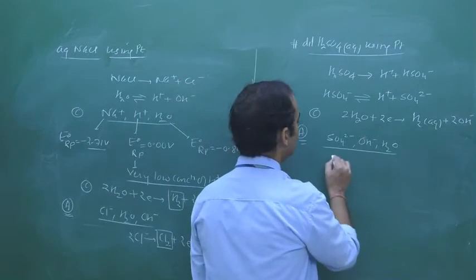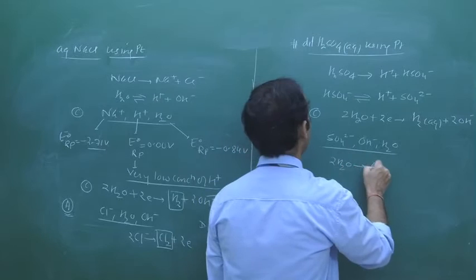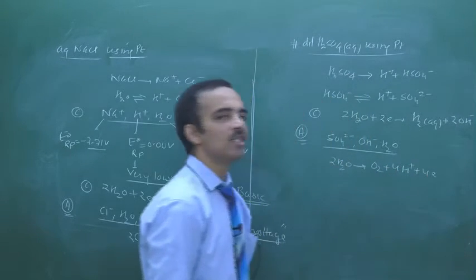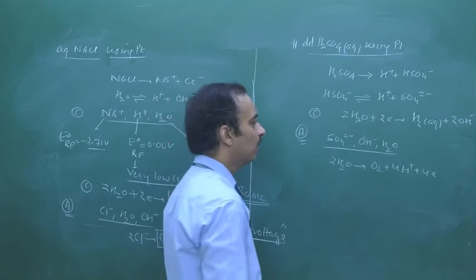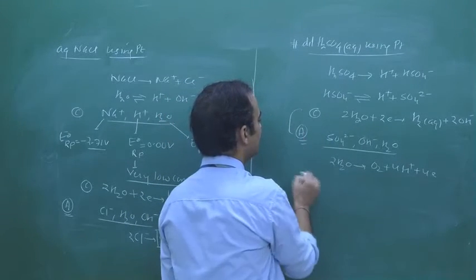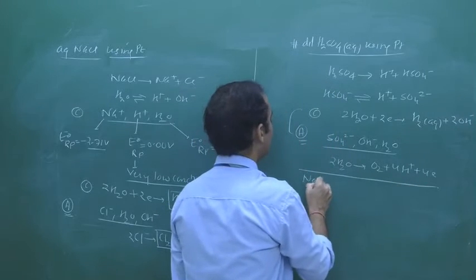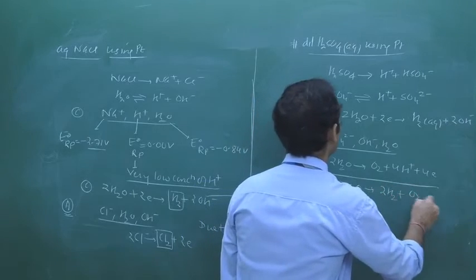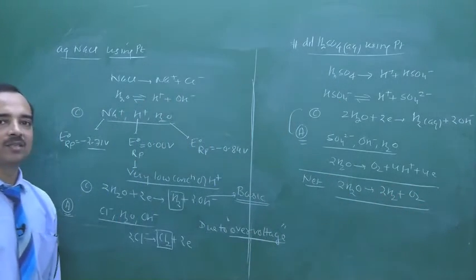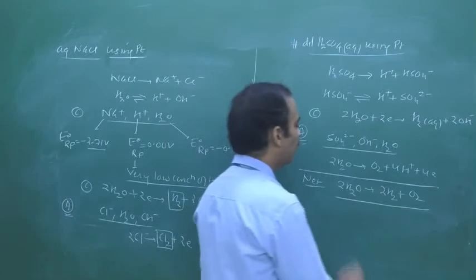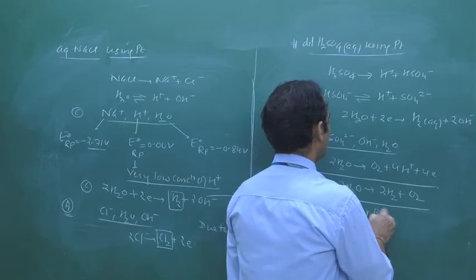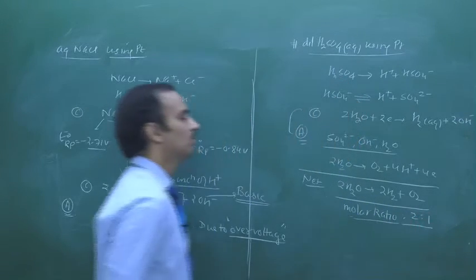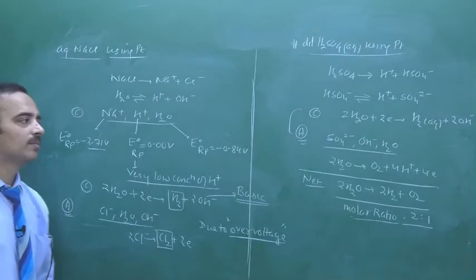Now in their competition we will say H2O gets oxidized preferentially. Now when we add these two reactions, the net reaction comes out to be 2H2O converts to 2H2 plus O2. This is the net reaction. All of you should notice that the molar ratio of H2 to O2 is 2:1.